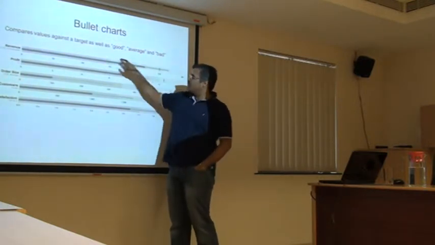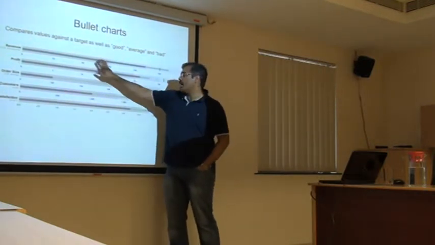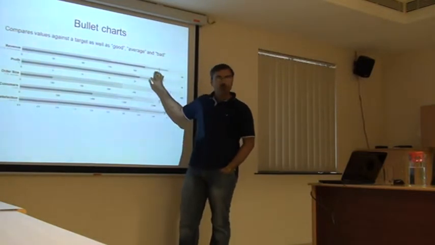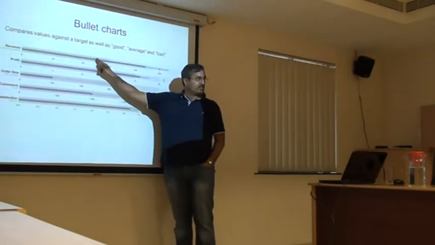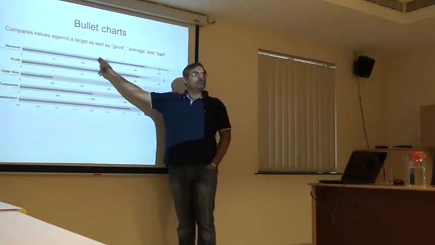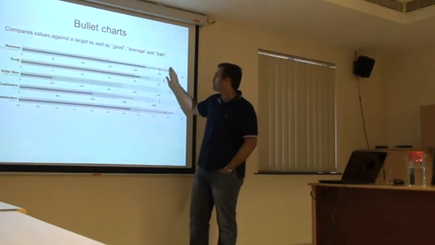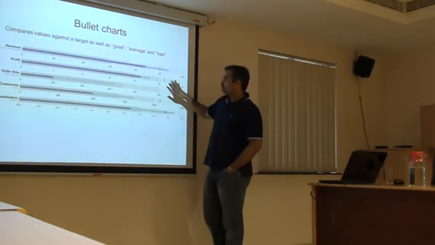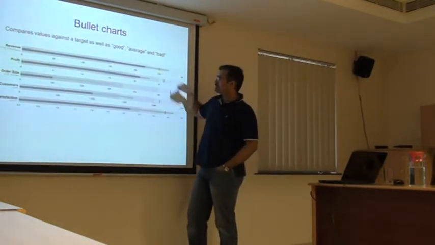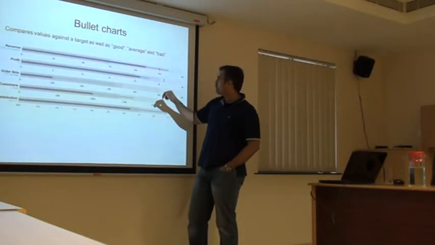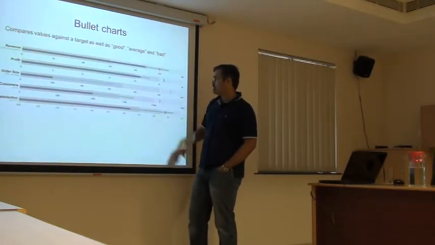Now these gray bars behind tell me what is considered bad, okay, good. So if my revenue were to end up in this dark area, I would have been considered performing bad. If I ended up here, it would have been okay, and if it were here, it would have ended up good. So revenue-wise, my forecast looks like it's going to be good and above target. Profit-wise, I'm going to miss the target and I'm going to be average.